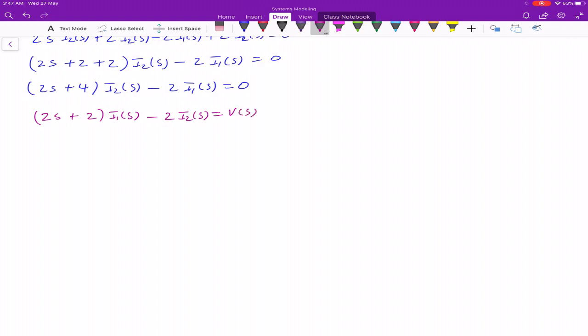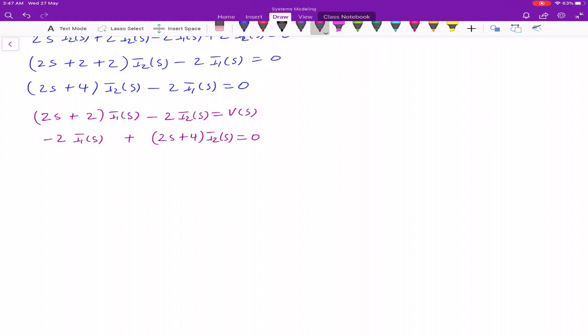And the equation that we just found is minus 2 I1 of s plus 2s plus 4 times I2 of s is equal to 0.